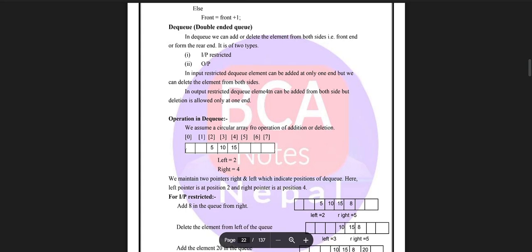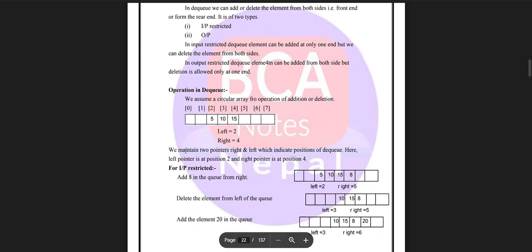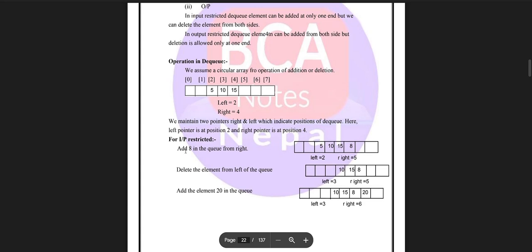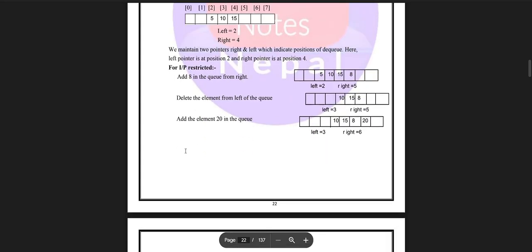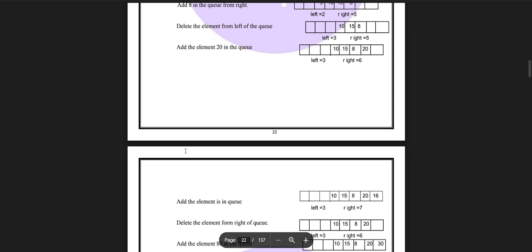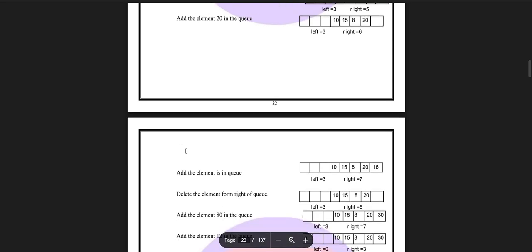For input restricted, add 8 into the queue from the right: 5, 10, 15, 8, left 2, right 5. Delete the element from the left in the queue: 10, 15, 8, left 3, right is equal to 5. Add the element 20 in the queue: 10, 15, 8, 20, left 3, right 6. Add the element 16 in the queue: 10, 15, 8, 20, 16, left 3, right 7. Delete the element from the right of the queue: 10, 15, 8, 20, left 3, right 6.